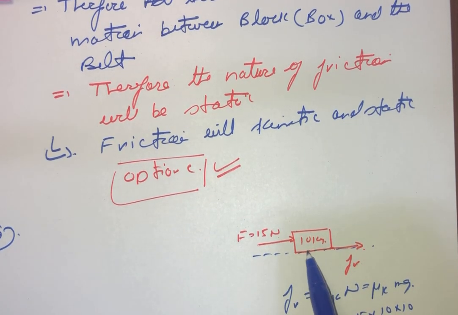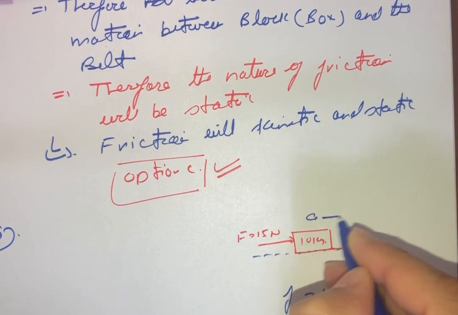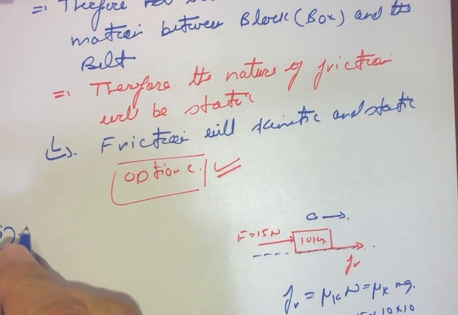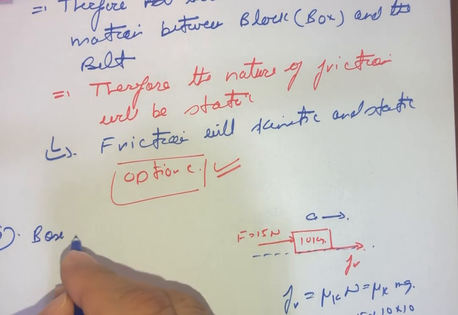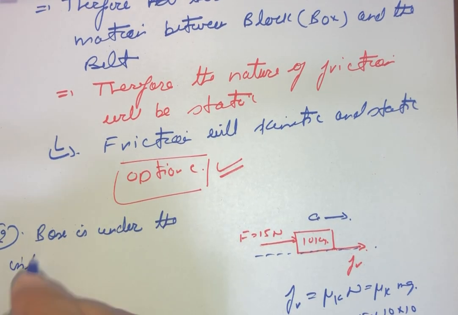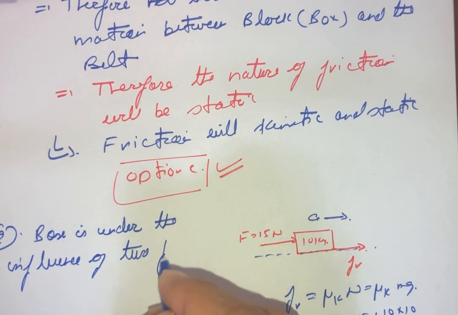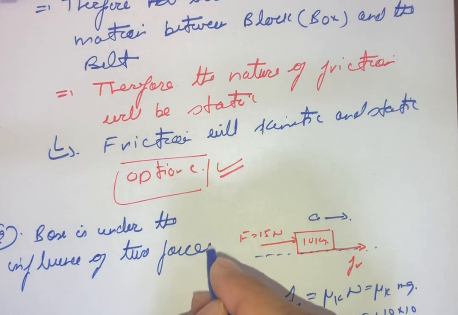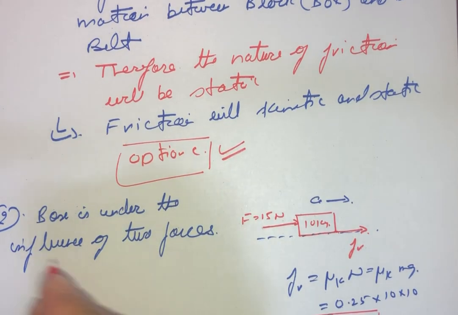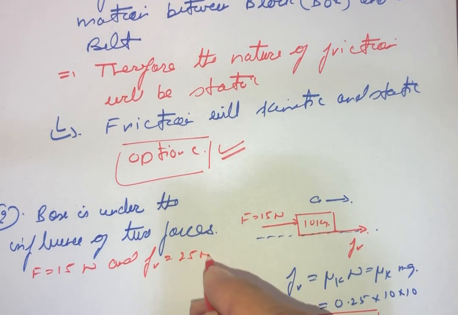The box is under the influence of two forces, F as well as Fr, and let it have an acceleration A. The box is under the influence of two forces, F equal to 15 Newton and Fr, which we found as 25 Newton.